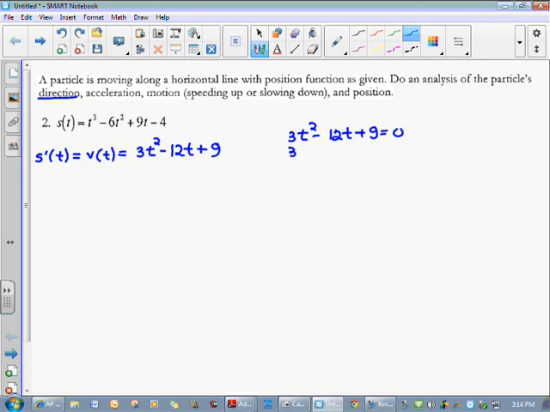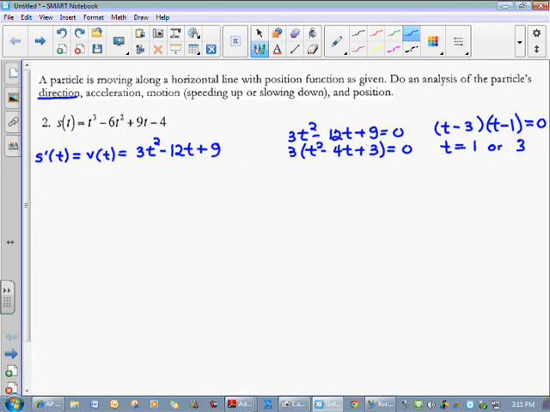We can pull out a 3, and we can continue our factoring, and at the same time divide by the 3 that's in front. We would end up with values of time equal to 1 or 3. So at time 1 or 3, this particle is indeed stopped.